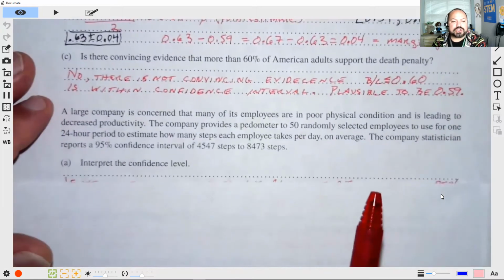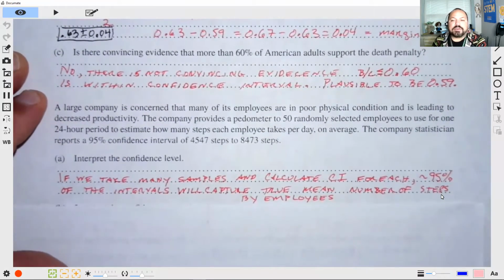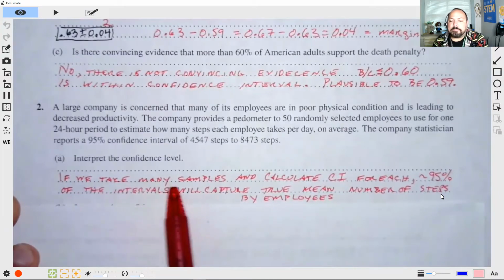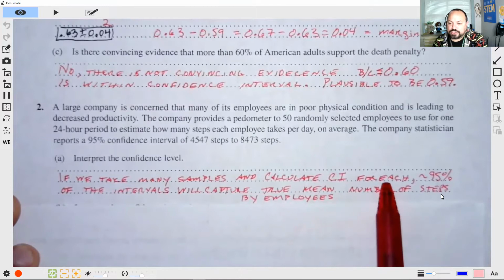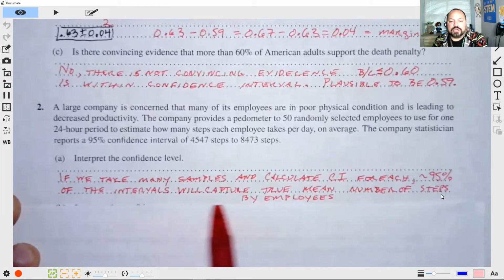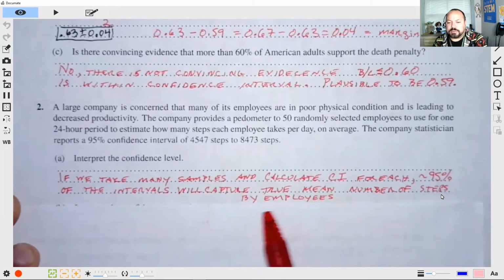If I want to interpret the confidence level, what does it mean to have a 95% confidence level? It means that if we take many samples and calculate the confidence interval for each, then about 95% of the intervals will capture the true mean number of steps by employees.